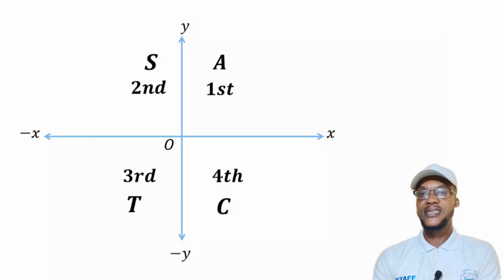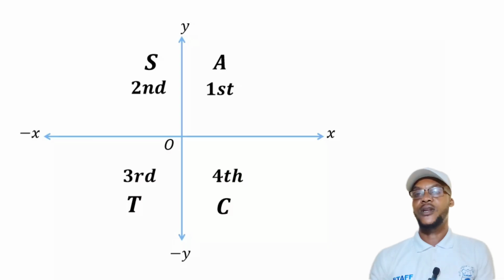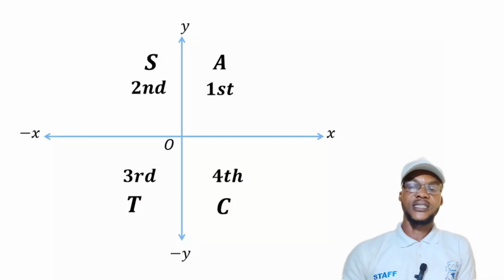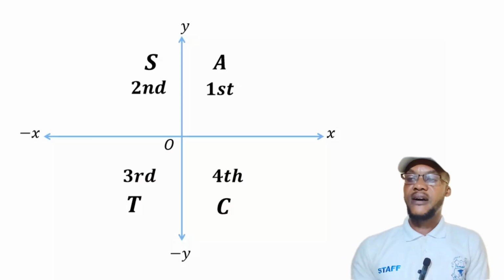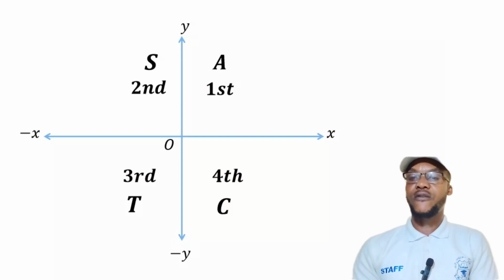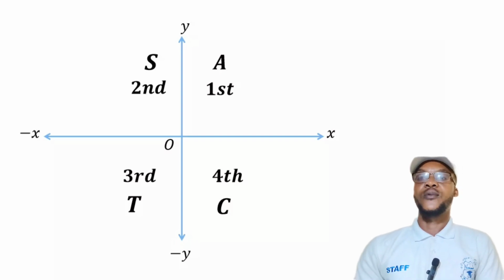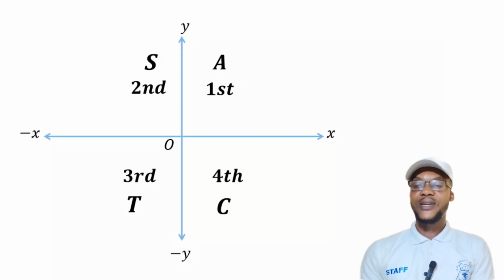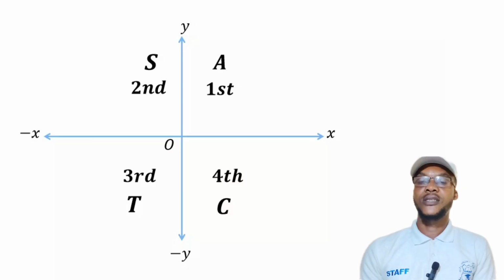If you see C, what does the C mean? The C means that we are talking about cos. You know that for the trigonometric functions, we have cosine, sine, tangent. So the C stands for cosine. If you see T, it is tangent. What about S? S is sine.